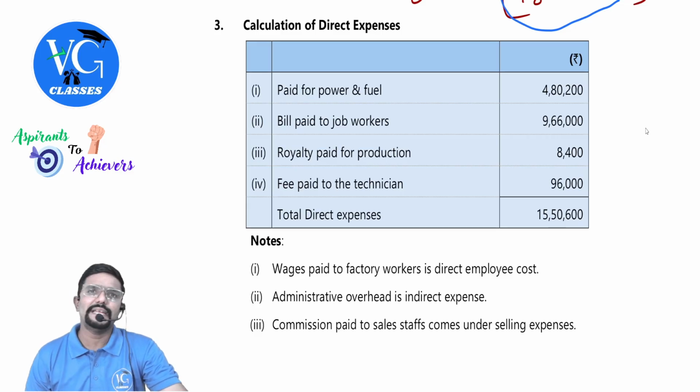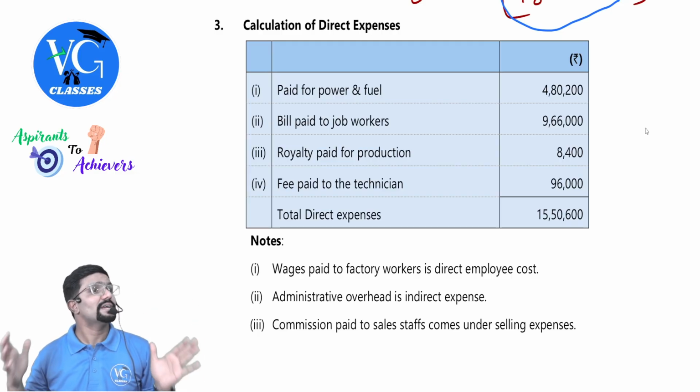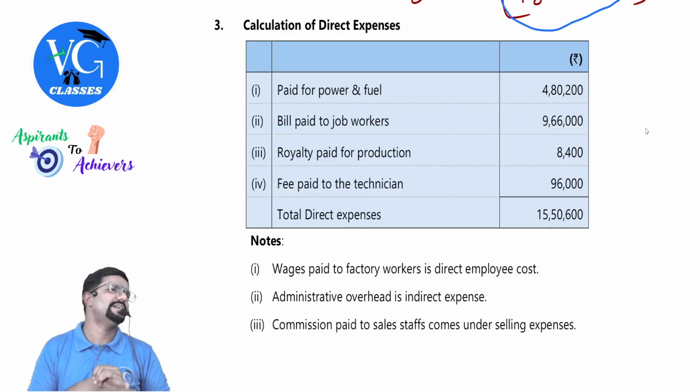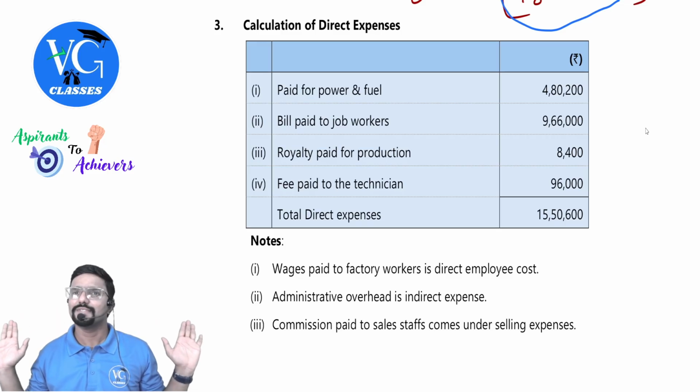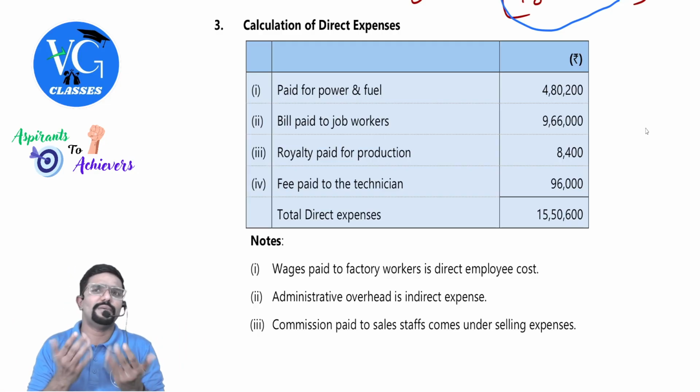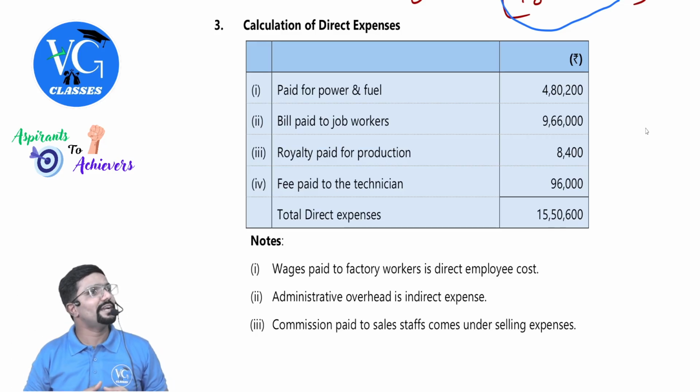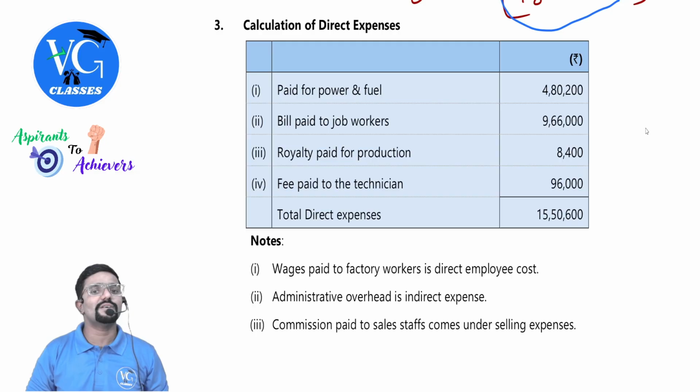Clear? So you can treat it as indirect also. But when the question is on classification, assume direct expenses for this chapter, consider it as direct. This is as per ICAI suggested. Clear? We cannot go against it. But when we go forward, even under indirect, even under overheads, we get something called power and fuel.